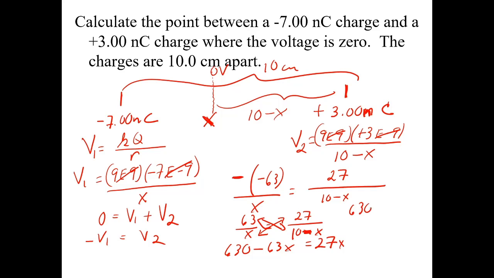So 630 is 90x. Divide both sides by 90. And that point is 7 centimeters. So we find that it's actually further away from the negative charge, but the negative charge is higher. So that's not an unreasonable number.